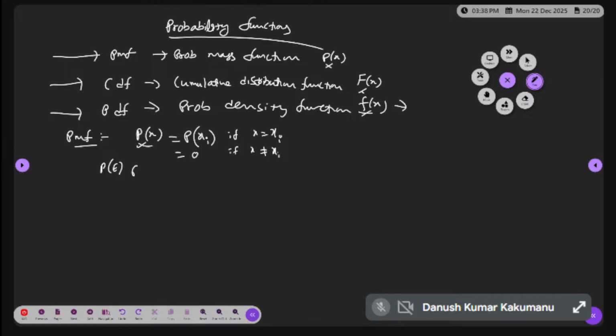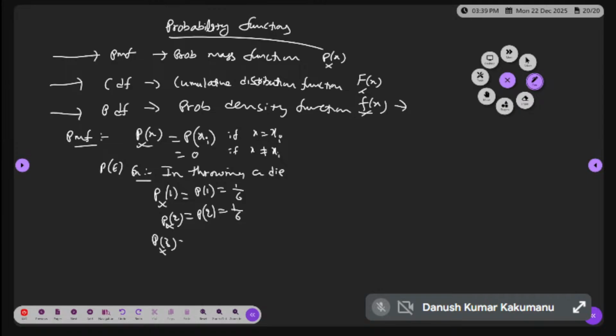Example, in throwing a die, what is the PMF of 1? Probability of the 1 is how much? 1 by 6. PMF of 2, probability of the 2, 1 by 6.